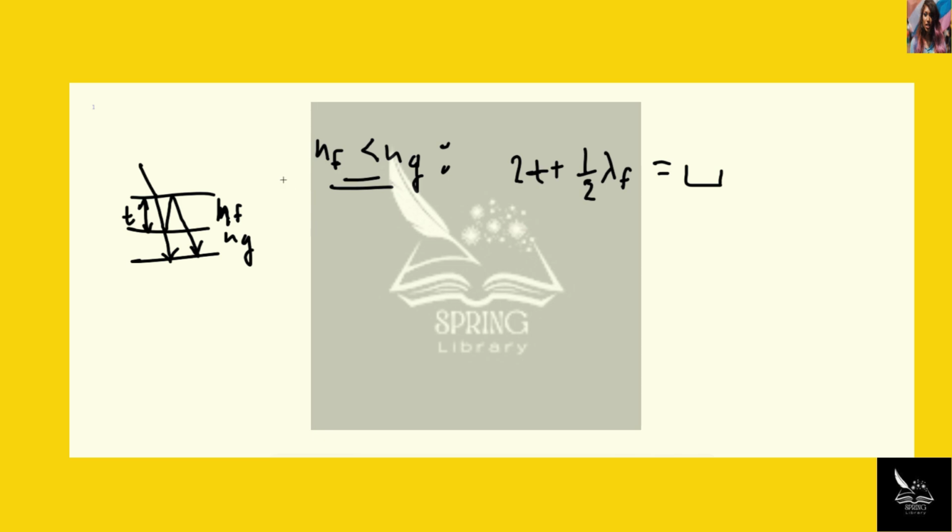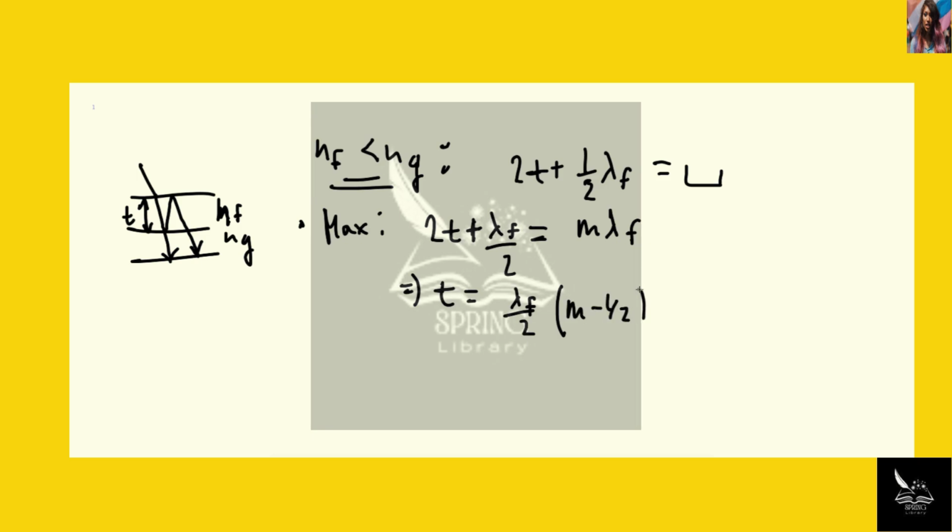And so for the maximum intensity, you have constructive interference, and in this case, you have 2t plus lambda_f over 2 is equal to m, an integer, times lambda_f. And so this gives you t equals lambda_f over 2 times (m minus 1/2).